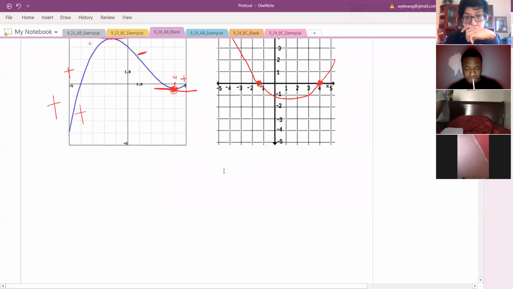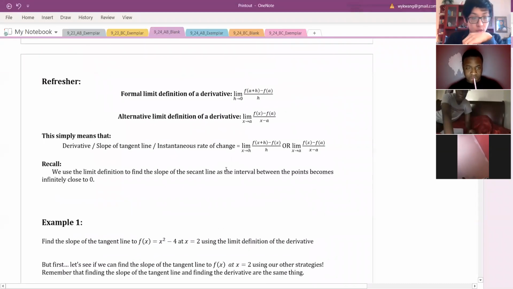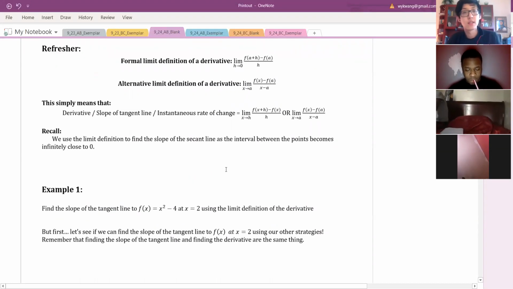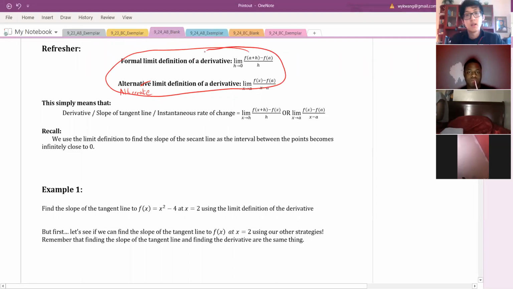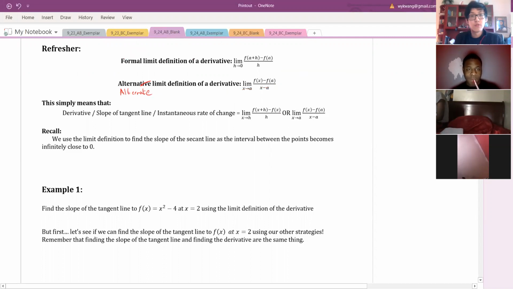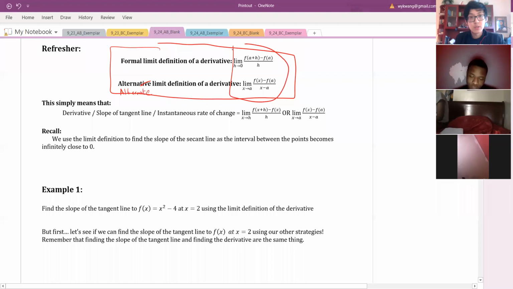Okay, but now I'm going to move on from this to our quick refresher of yesterday. So yesterday we looked at the formal definition of a derivative and the alternate limit definition of a derivative. I would like for everyone to copy this down one more time. So the formal definition, and then obviously focus on the actual equations, which are here.